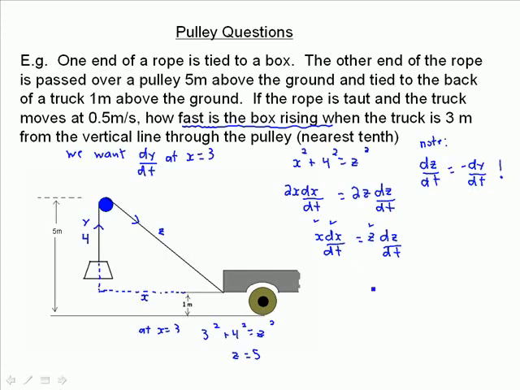So you can do this a number of ways. What I'm going to do is replace the dz dt with negative dy dt. You could also solve for dz dt and then just change the sign. That would be no problem. So I'm going to get 5 times negative dy dt is equal to x, which is 3, times dx dt, which is supposed to be 0.5.